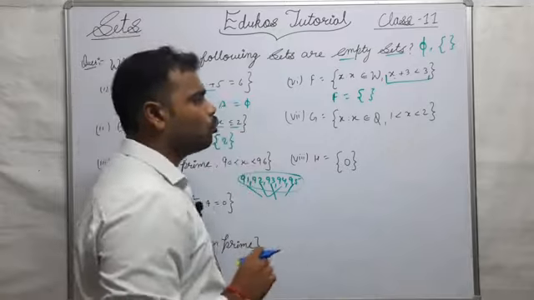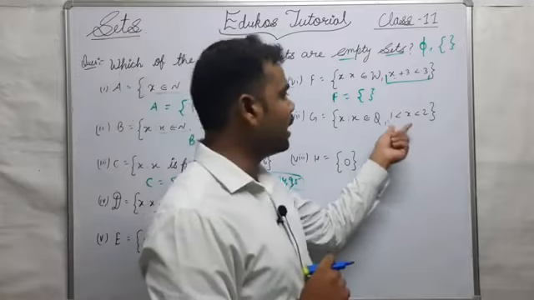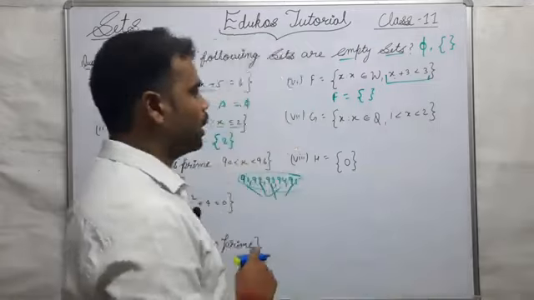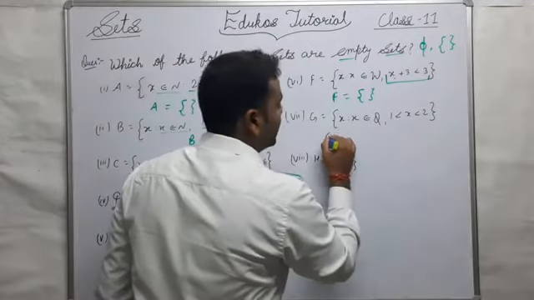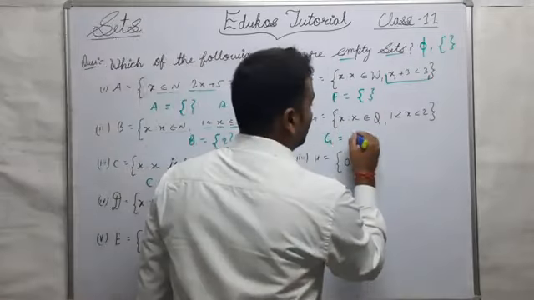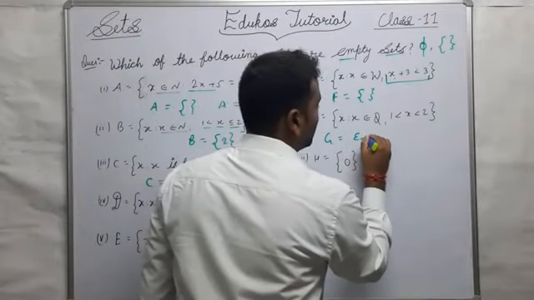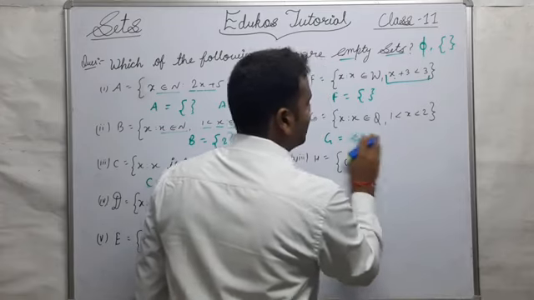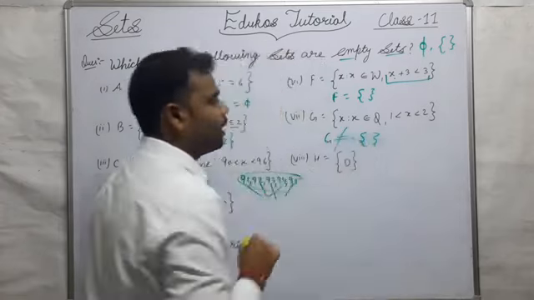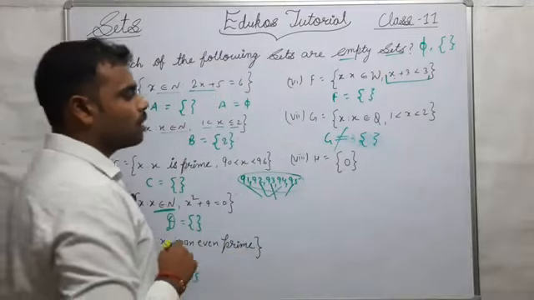There are too many rational numbers that can exist between two whole numbers. So this set is an infinite set, so G is not an empty set.